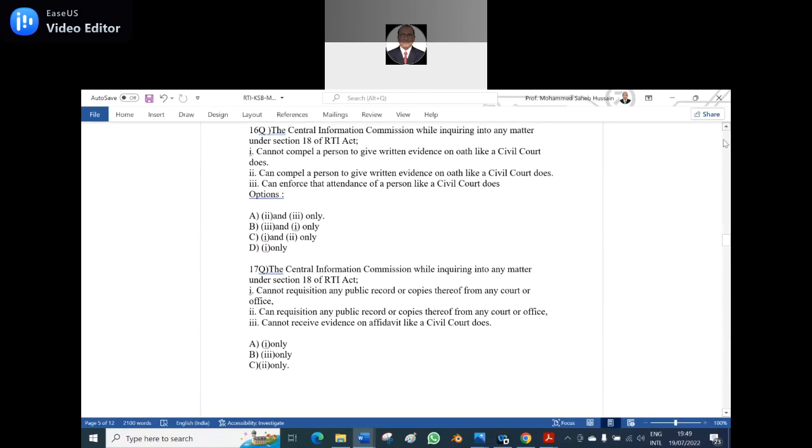Okay. Continue 16th. The Central Information Commission, while inquiring into any matter under Section 18 of RTI Act: 1, cannot compel a person to give written evidence on oath like a civil court does. 2, can compel a person to give written evidence on oath like a civil court does. 3, can enforce the attendance of a person like a civil court does. Options: A, 2 and 3 only; B, 3 and 1 only; C, 1 and 2 only; D, 1 only.